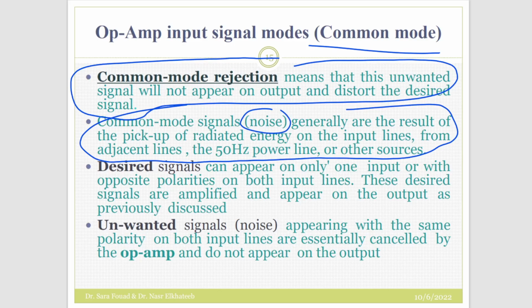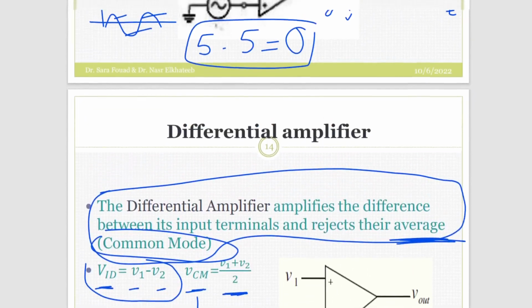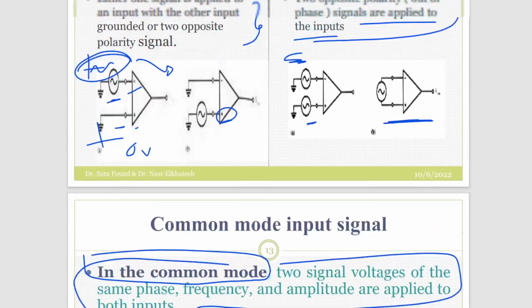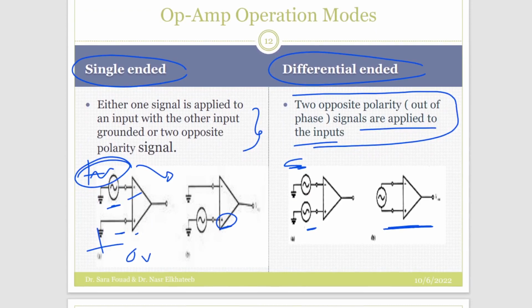Desired signals can appear on only one input, or with opposite polarities on both, and the signals are amplified and appear on the output as previously discussed. So the desired signals are going to appear on the output. As you can see, if we connect the signals in these two modes, these two modes are the only modes that give us the output that we desire.